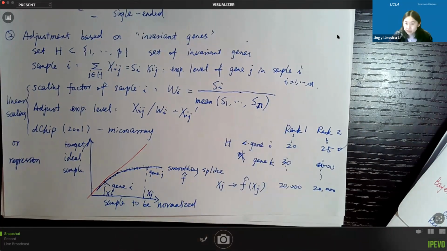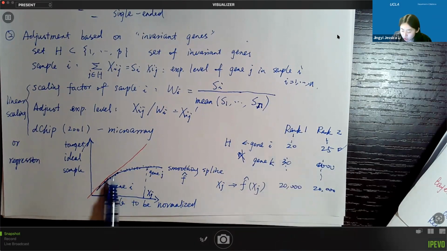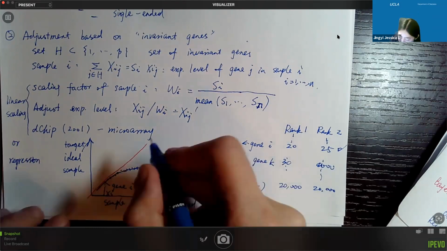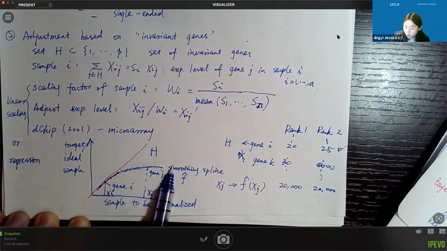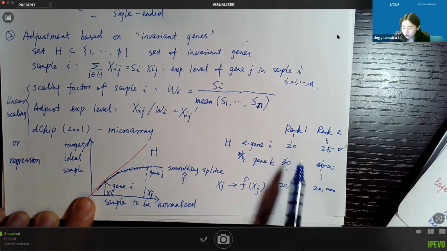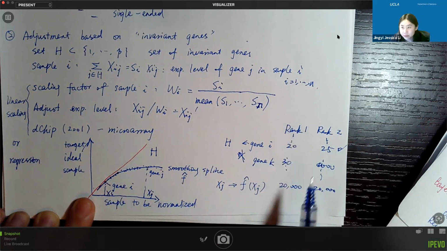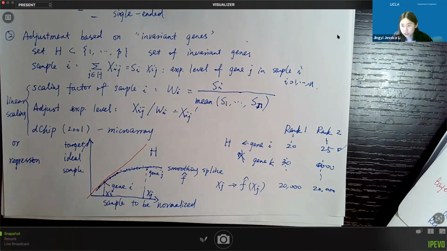So we are identifying the genes based on their relative rank agreement, and that determines the gene set H. We use the gene set H to draw this line, because we believe these genes should lie on the diagonal. After we fit this line, we apply it to all the genes to do the adjustment. After the adjustment, the ranks may change, so we redo the rank and the calculation and update H. That's the iterative procedure.